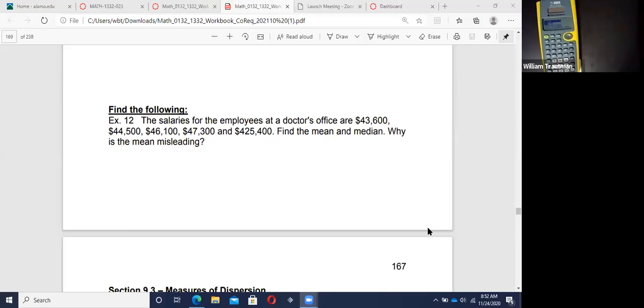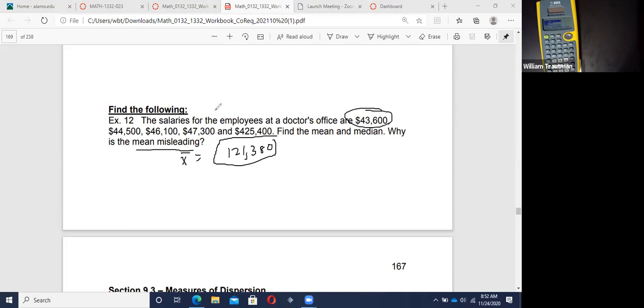My mean is 121,380. And the question is, why is the mean misleading?